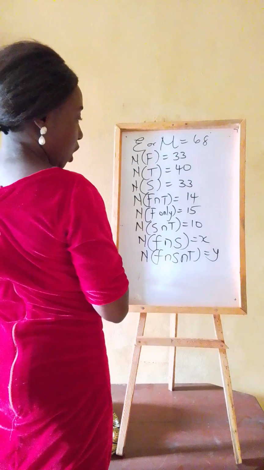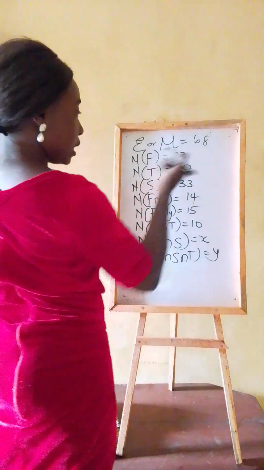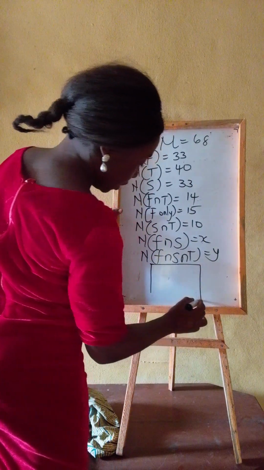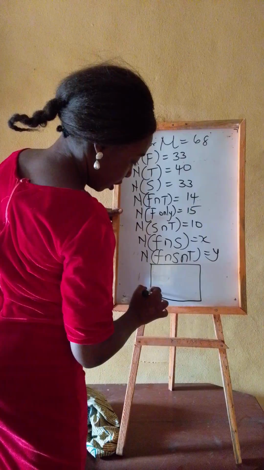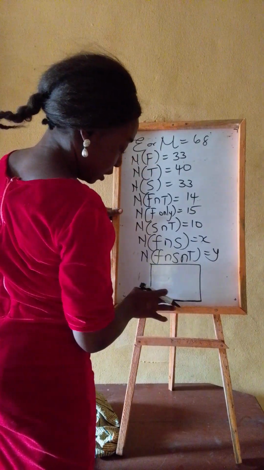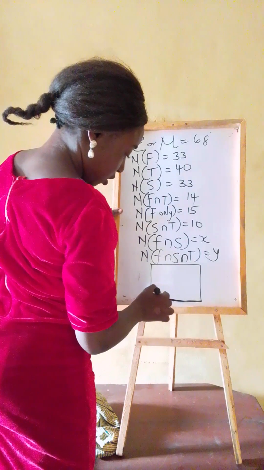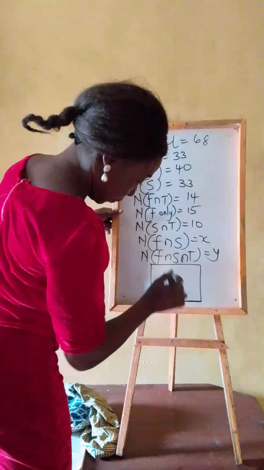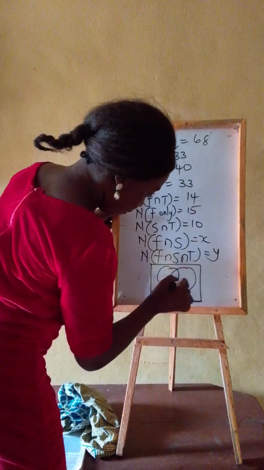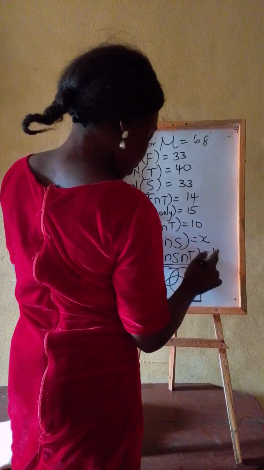So, if you have to represent it in a Venn diagram, don't forget, we have 3 circles representing the subsets.